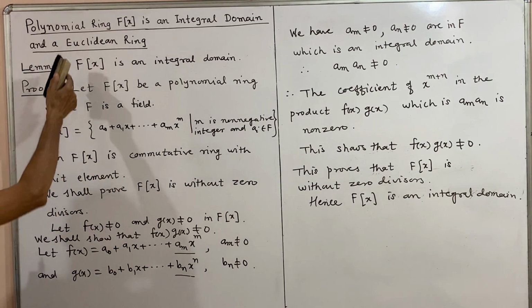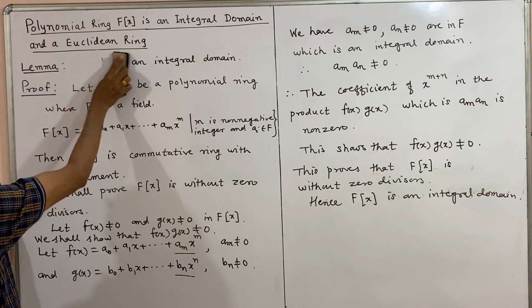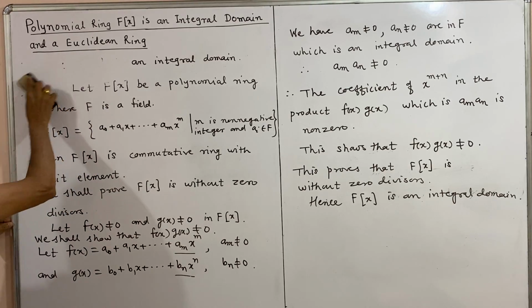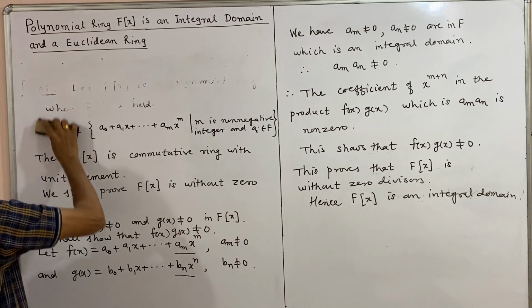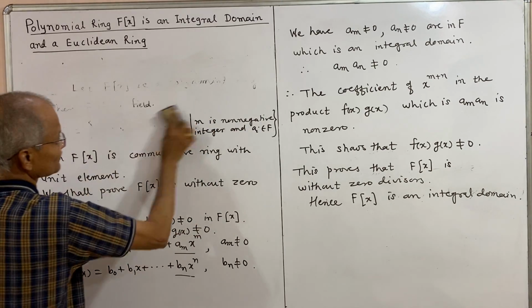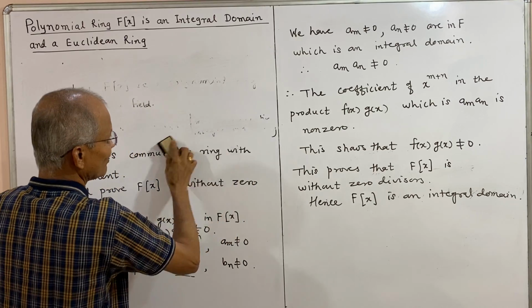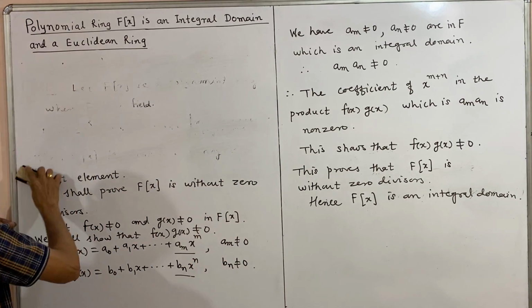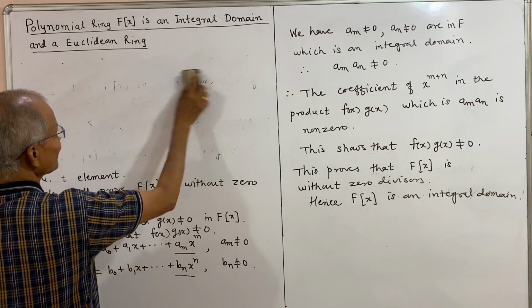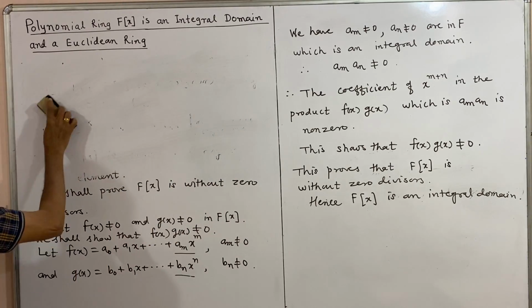Now before taking the second result, that F[x] is a Euclidean ring, we shall write a result regarding the degree of f(x), or actually we shall define what the degree of f(x) is. It is defined like this.